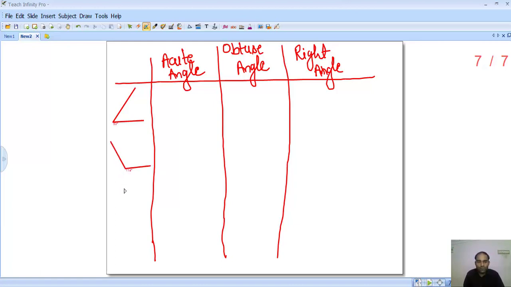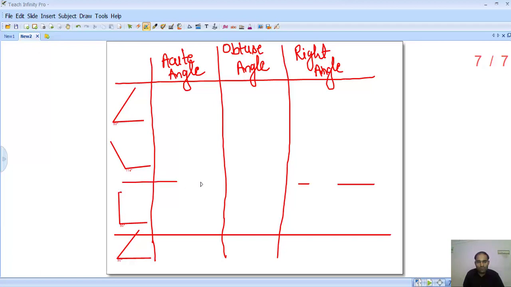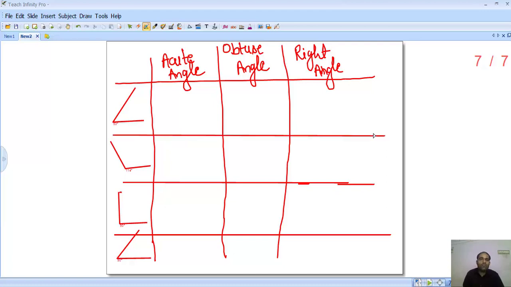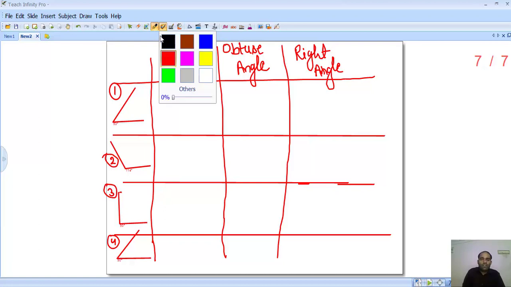This is one, this is two, this is third, and this is fourth. Now let me change the color of my pen and then we will start.